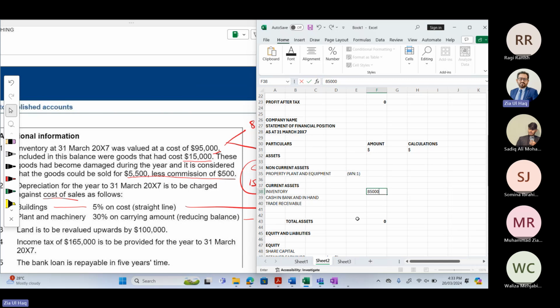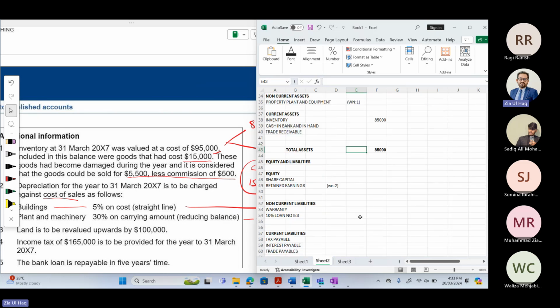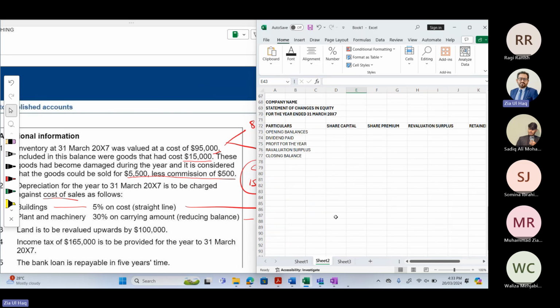Okay. So closing inventory we have done. Depreciation, we need to prepare note, working note 1. So let's move towards working note 1. That is relating to PPE. So asset name.